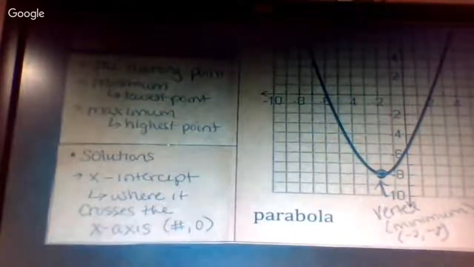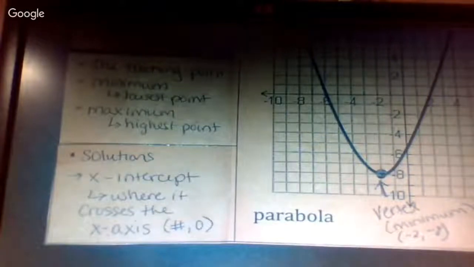Remember, your x-intercepts are always some number, comma, 0. If you're on the x-axis, you're nowhere in your y. You didn't go up or down, so your y is always 0. So, I have 2 roots on this graph.